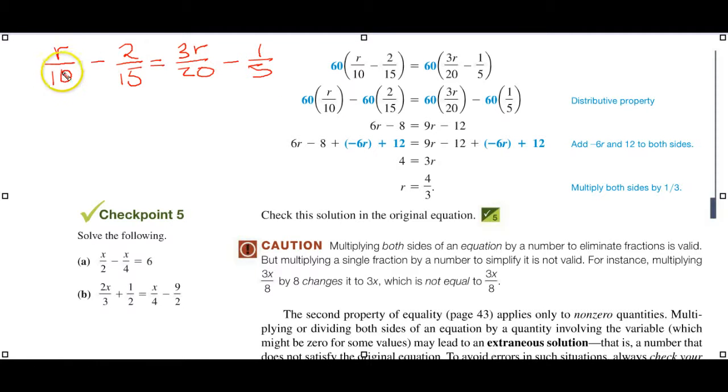Now we're going to do this by changing the equation, making it in a sense larger, but still equivalent, so the values of r don't change. And we do so by looking at our fractions and seeing what is my least common denominator of a 10, a 15, a 20, and a 5. And it turns out to be 60.